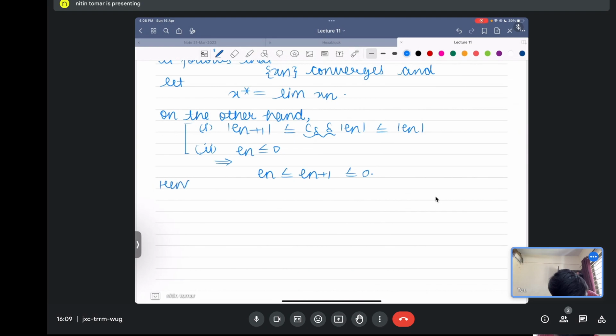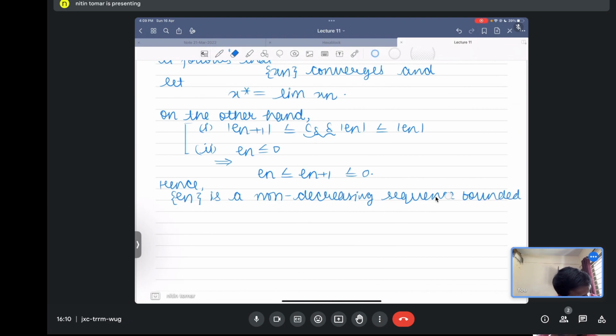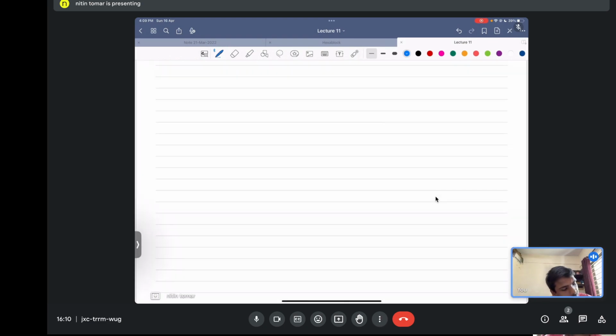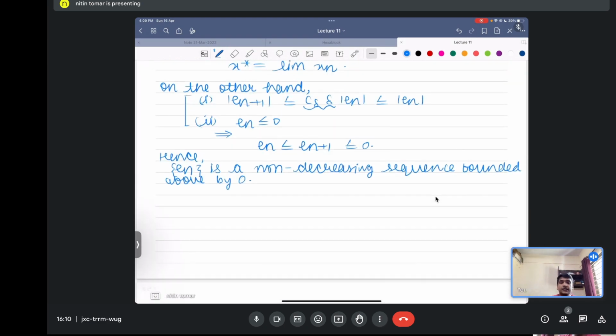So hence En is a non-decreasing sequence bounded above by 0. So again, from the monotone convergence theorem, it follows that this sequence also converges, and so we let E star be the limit of En.